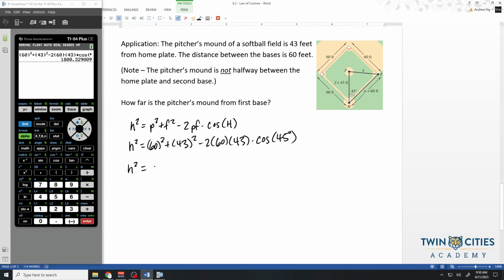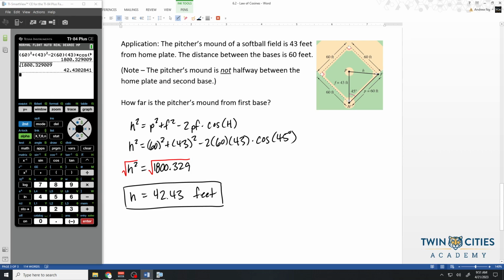H squared is equal to 1,800.329. And because this is H squared, and I'm solving for H, we're going to take the square root of both sides. So H is equal to the square root of this, which is roughly 42.43. So H is 42.43 feet. That is how far it is from the pitcher's mound to first base.